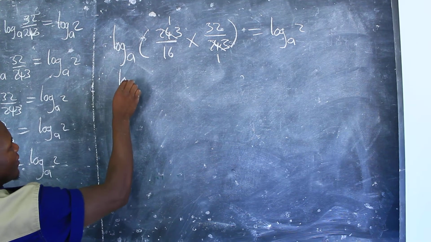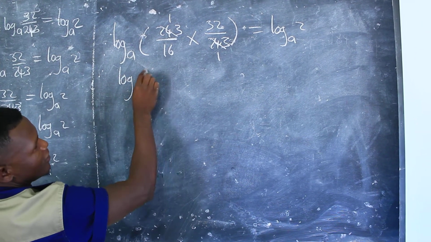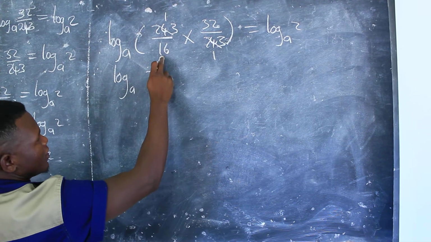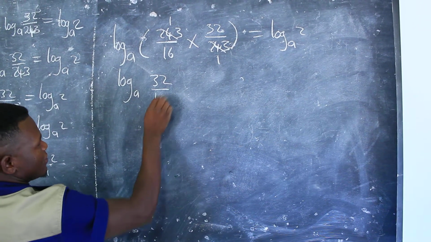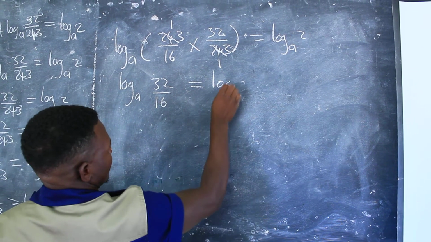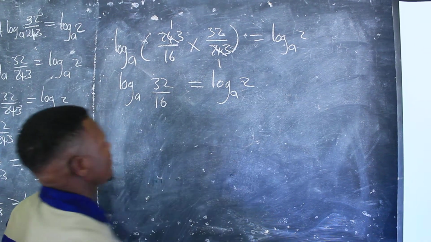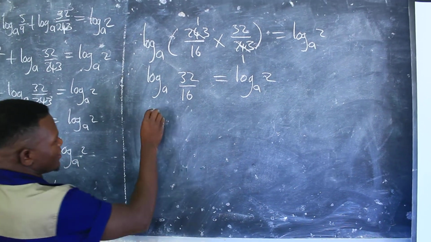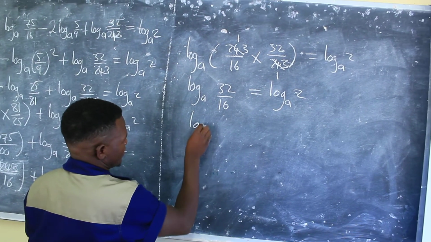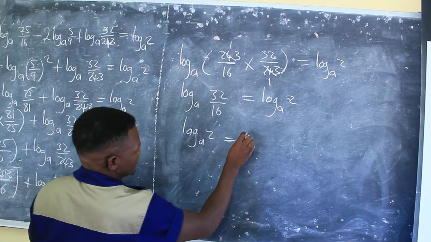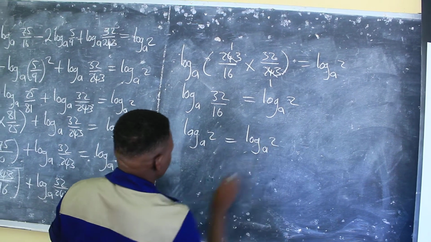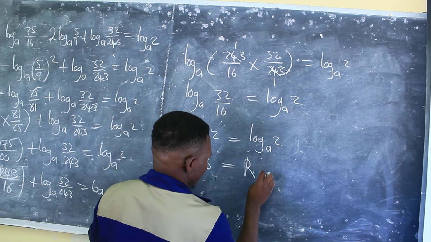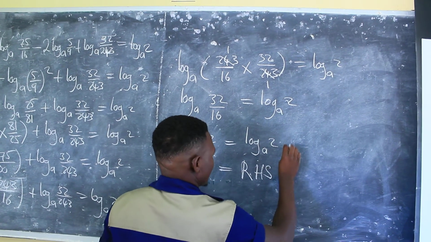Then we have log base A of 1 multiplied by 32, which is 32, over 16 multiplied by 1, which is 16. 32 divided by 16 is 2. So it will be log base A 2 equals log base A 2. So the left hand side is equal to the right hand side.